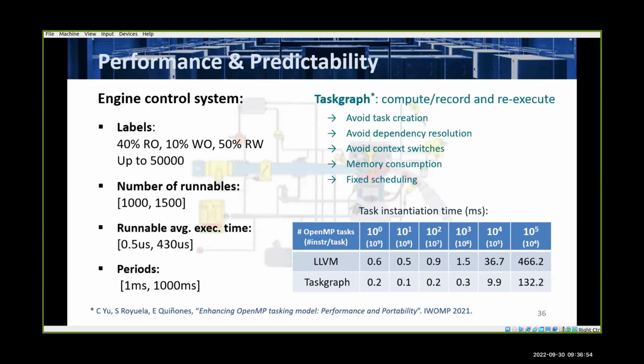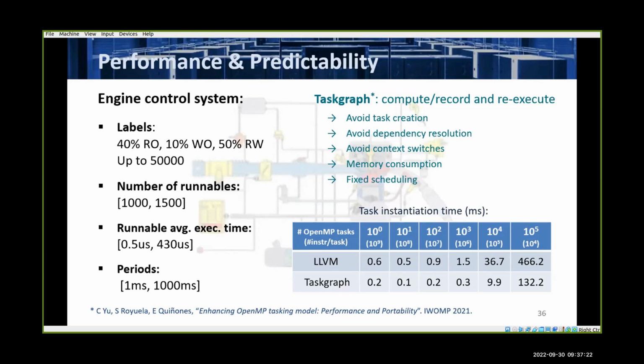So we tried to alleviate this problem a little bit by implementing the concept of task graph. The task graph framework that we implemented in GCC and LLVM records a region of code that can be expressed only with tasks, so that the task dependency graph contains the whole execution of the region. If we can compute that at compile time, we do it.